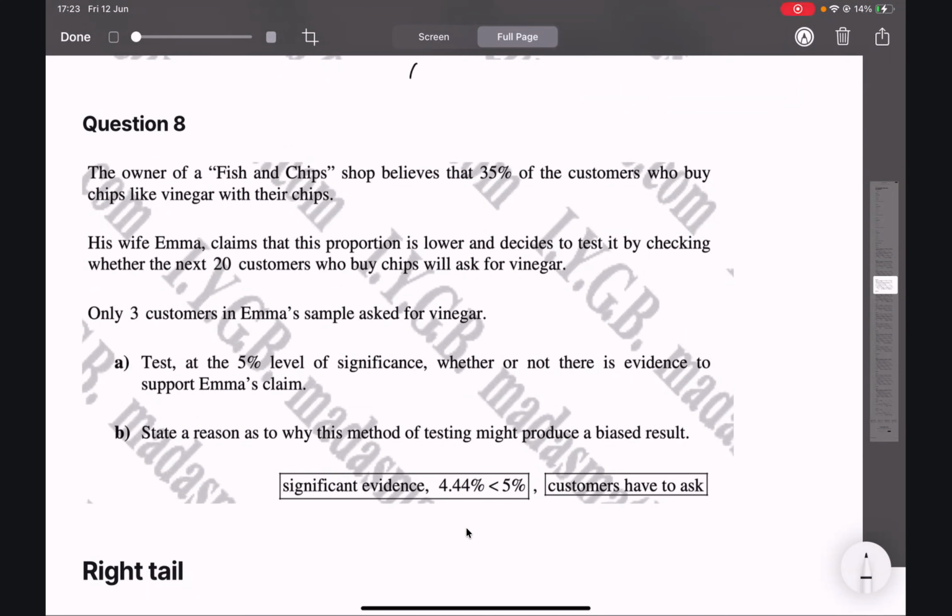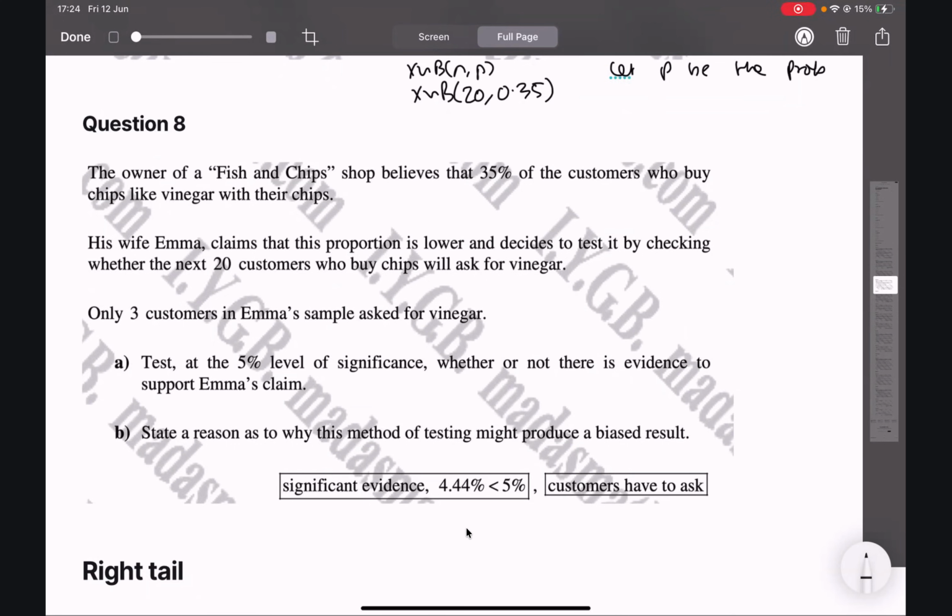So X is binomial, N is 20, P is 0.35. And then what do I work out? 35% of 20. Yeah, and what's that called? Is it the test statistic?